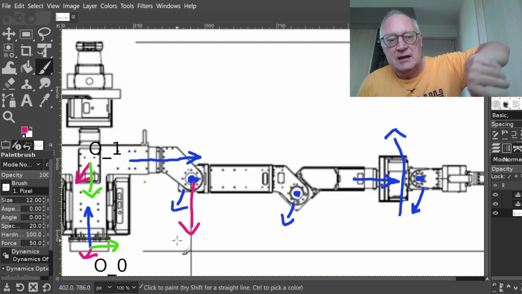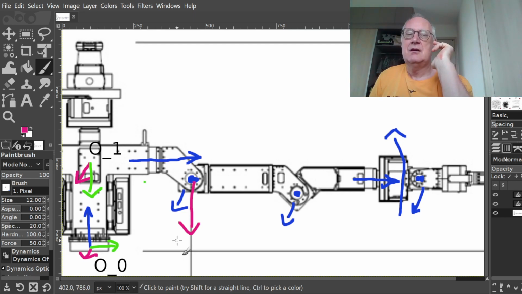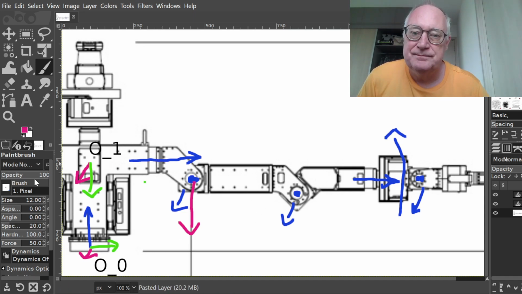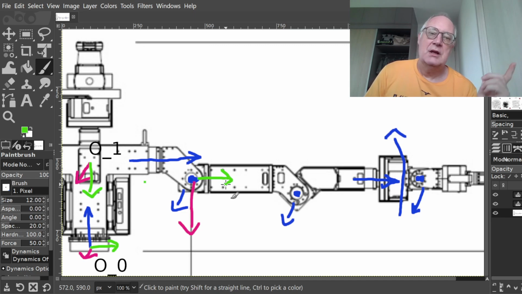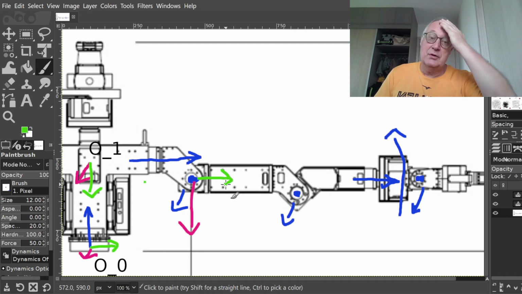Right, so this would be our x-axis. Now I have x and z. So that means that y has to point to the right. So X, Y, and Z is pointing outwards, yes.